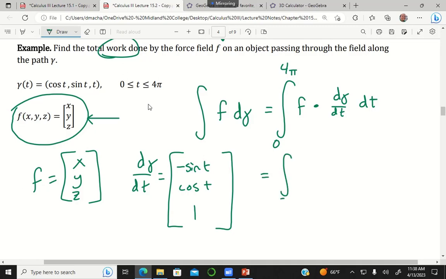So their dot product is x times negative sine t, plus y cosine t, plus z.